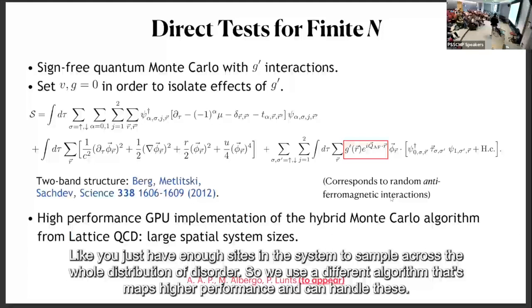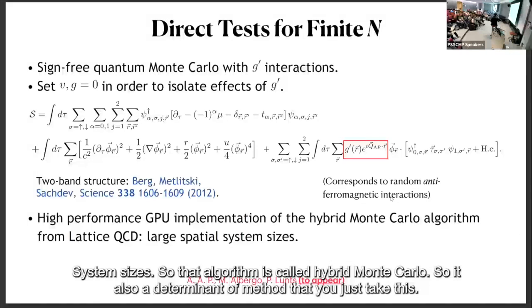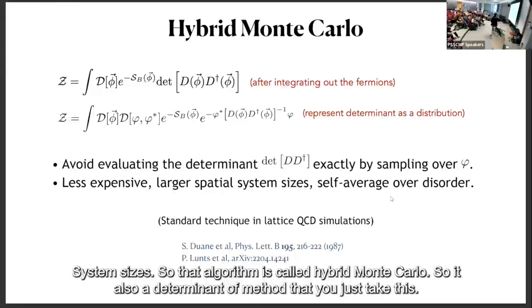You have enough sites in the system to sample across the whole distribution of disorder. So we use a different algorithm that's higher performance and can handle these system sizes. That algorithm is called hybrid Monte Carlo.